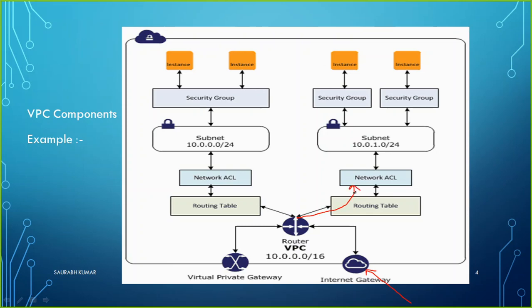If the traffic is allowed there, then it reaches the relevant attached subnet, and thereafter there can be multiple security groups as per the multiple instances you are running, and after crossing the security group, it reaches the instance.